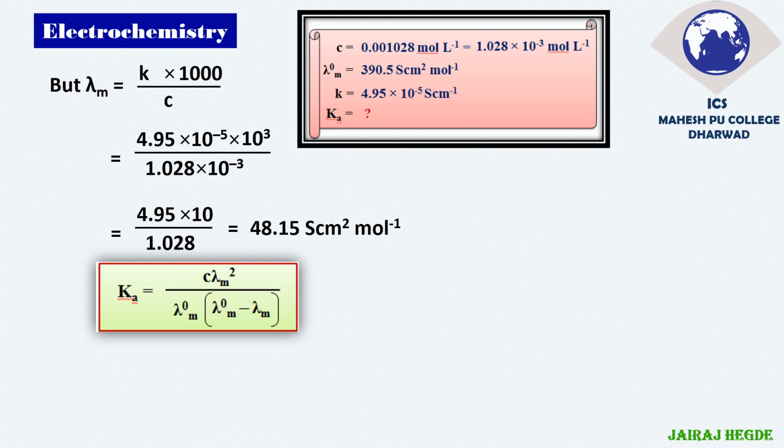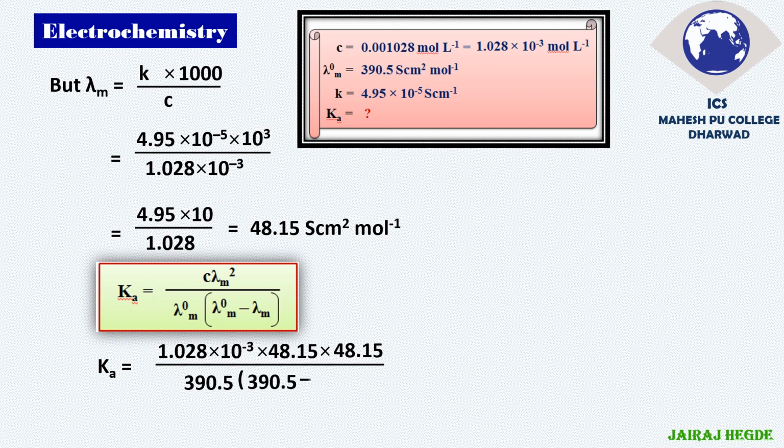So if we substitute the values, 1.028 into 10 power minus 3 into 48.15 into 48.15, because we take lambda m square, divided by lambda m naught, 390.5, into 390.5 minus 48.15.